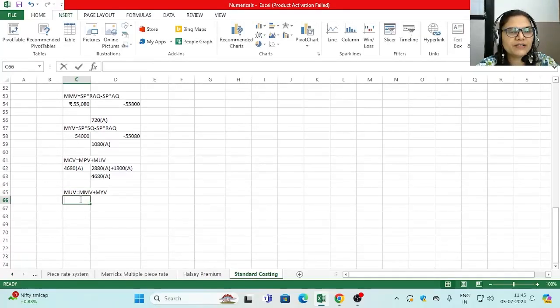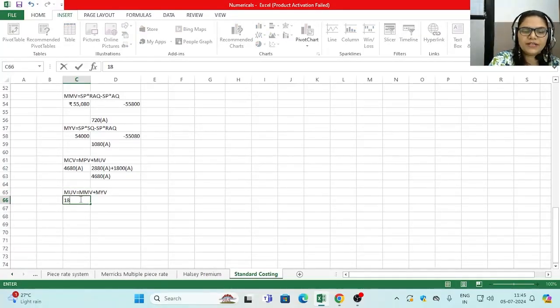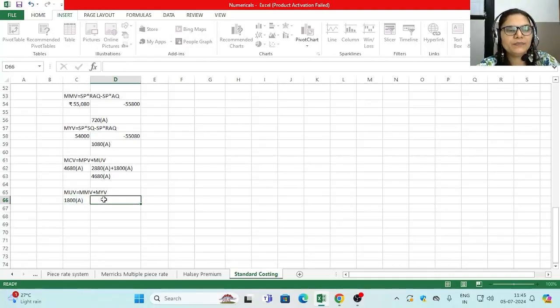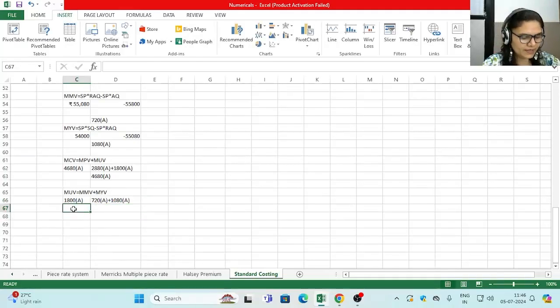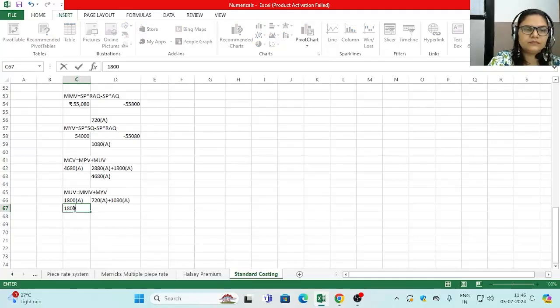Material usage variance is 1800 adverse and material mix variance we know 720 adverse plus 1080 adverse. 1800 is equal to 1800.